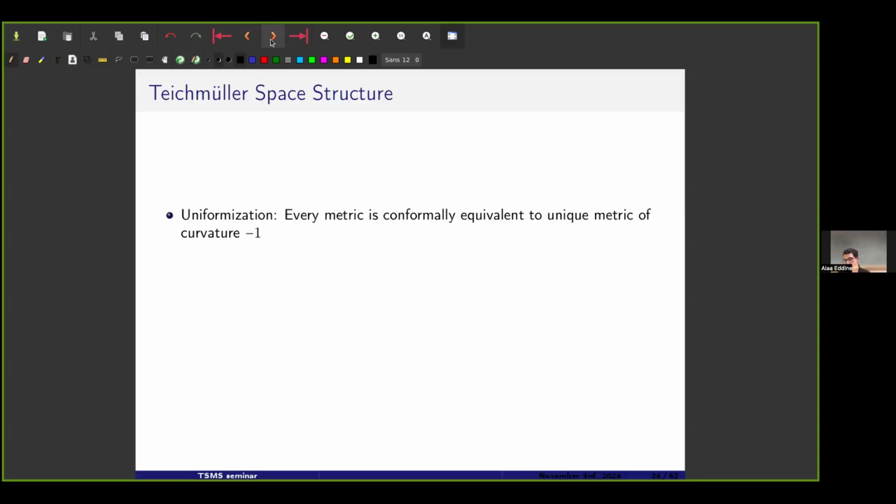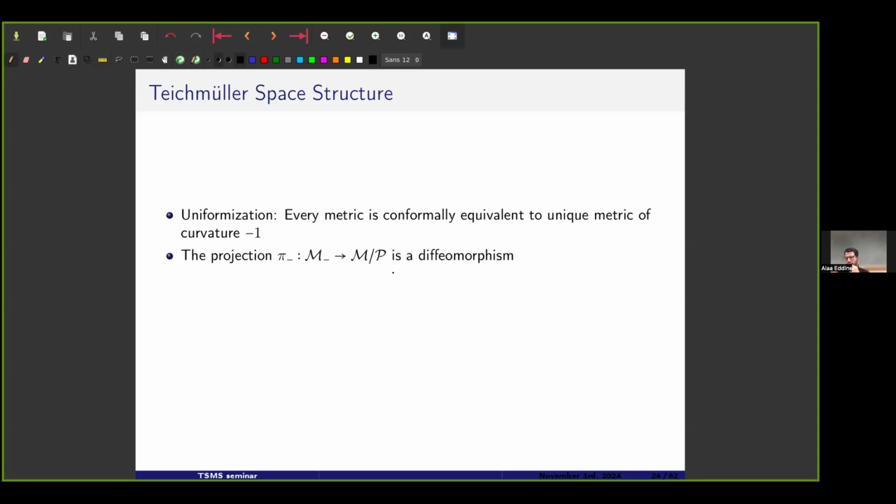Okay, so the uniformization, I recall, tells us that any metric is pointwise conformally equivalent to a unique metric of curvature -1. So any metric. This means that the quotient by scaling by positive functions, when we restrict the projection to metrics of curvature -1, would be a diffeomorphism.